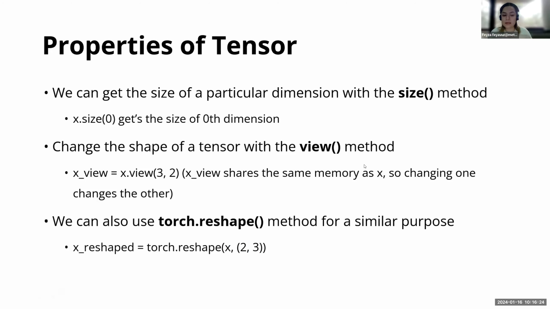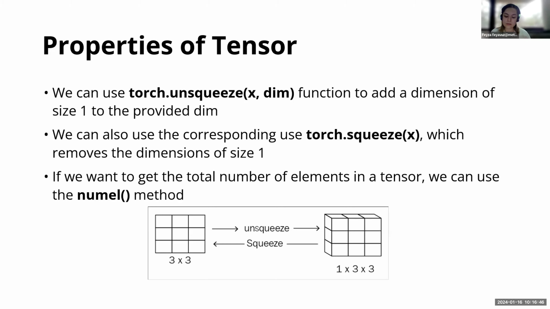And we do not have to just stick with the given shapes. We can use squeeze or unsqueeze methods for adding or removing a dimension. The unsqueeze function adds a dimension of size 1, just like in here.